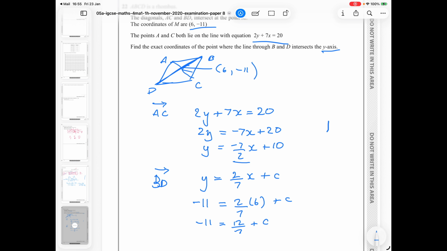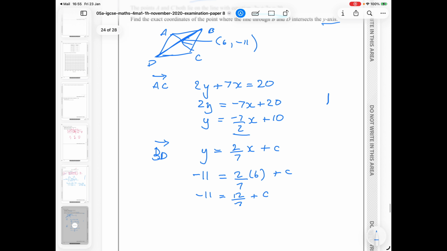I did this question with one of my students the other day. So minus 77 over 7, converting this number into sevenths, equals 12 over 7 plus c, and then take 12 over 7 off both sides and you get minus 89 over 7 equals c.